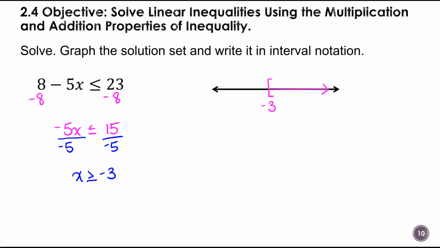But remember, these parentheses and brackets take the place of the open circle and the closed circle. This is how we graph in our textbook and on MyMathLab, so I would prefer that you use the brackets and the parentheses on your graphs. And then this goes from negative 3 to infinity, and that's the interval notation.